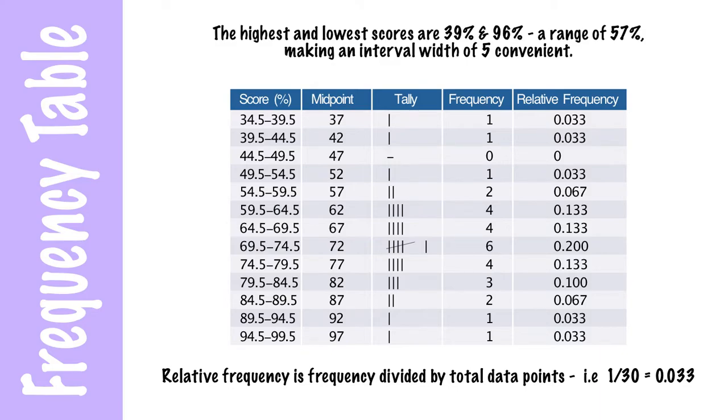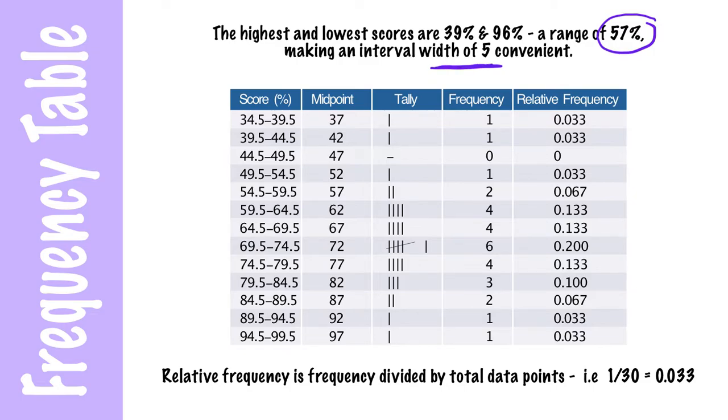So here we go. The highest and lowest scores were 39 and 96, which is a range of 57%. And you have to bin this information. So looking at that range, an interval width of 5 would be convenient.